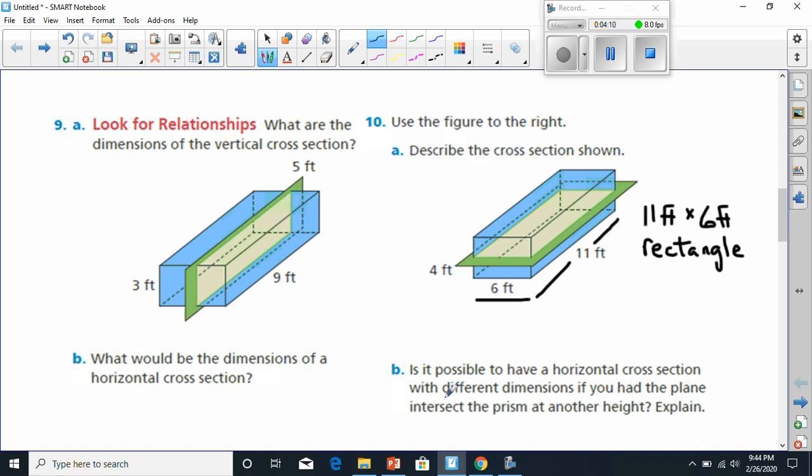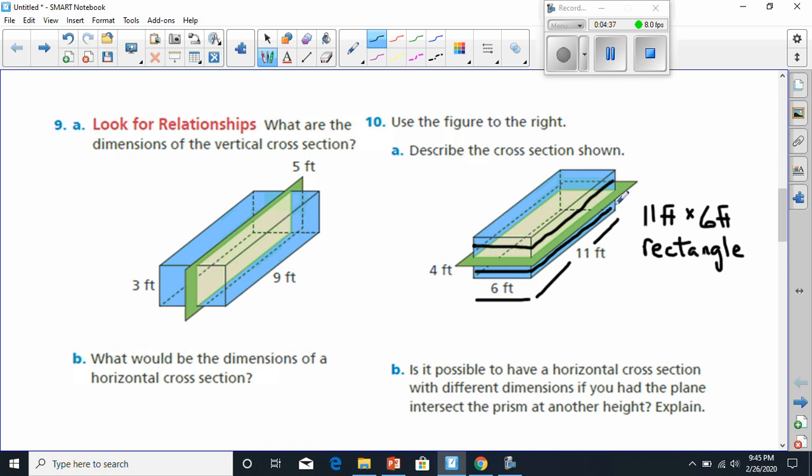In other words, if this slice, instead of being in the middle, was cut across here, and then went here. They might have even said that maybe it came across here and then went up here.